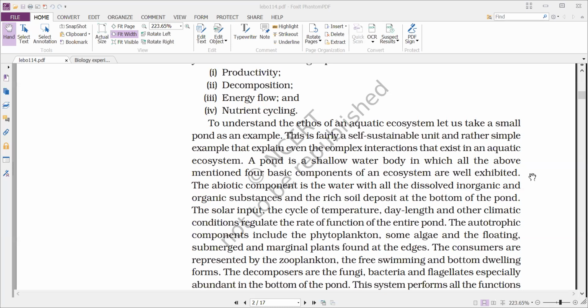When you observe, the pond is a shallow water body in which all the above mentioned four basic components of an ecosystem are well exhibited. Shallow means we don't find much depth. In a pond, the light can penetrate up to the bottom, that's why we say shallow, that means less depth.